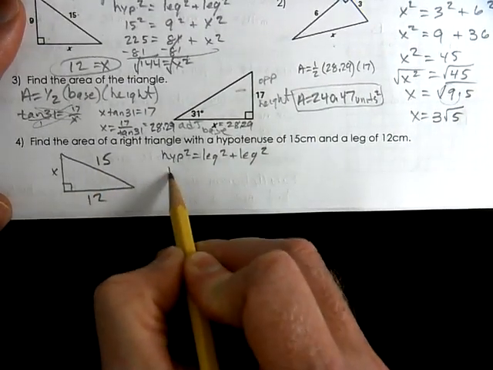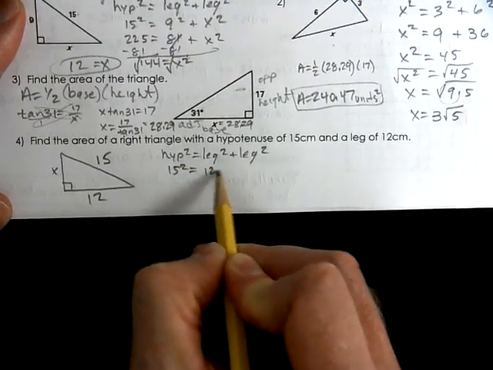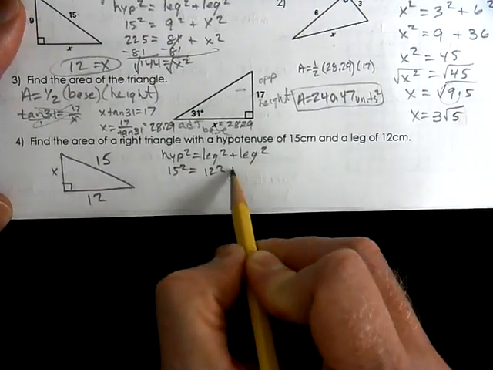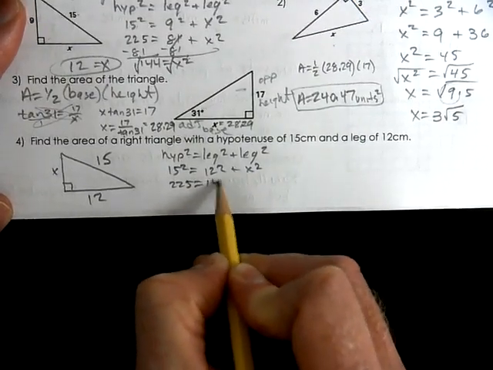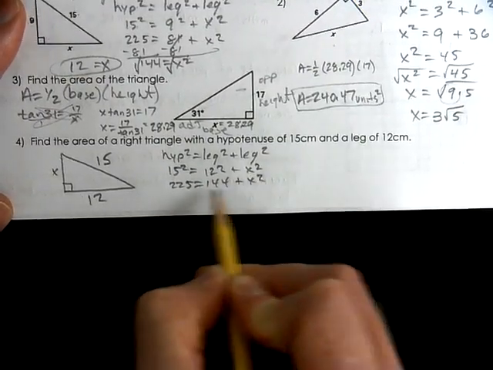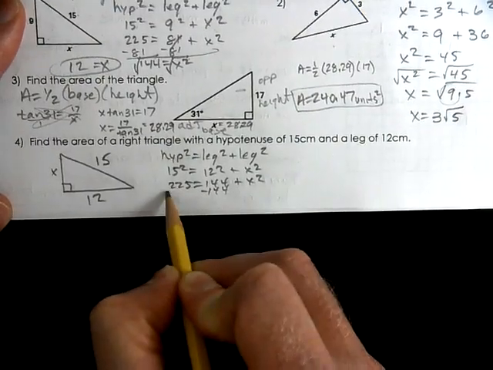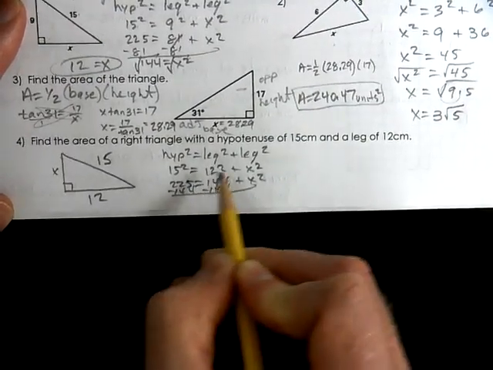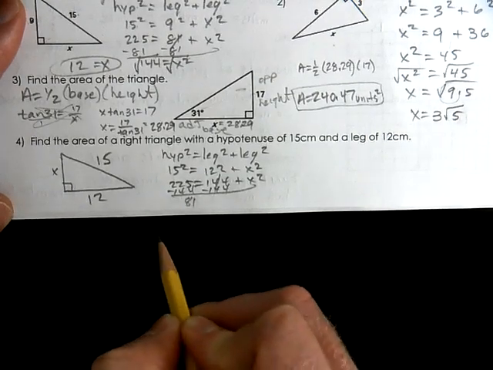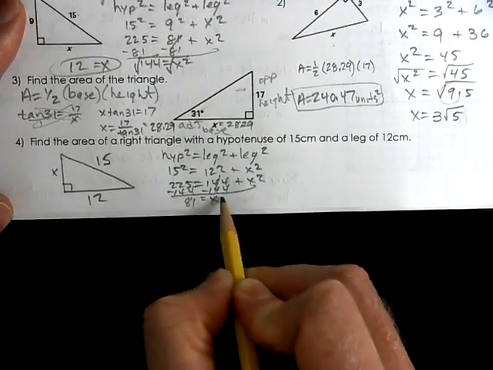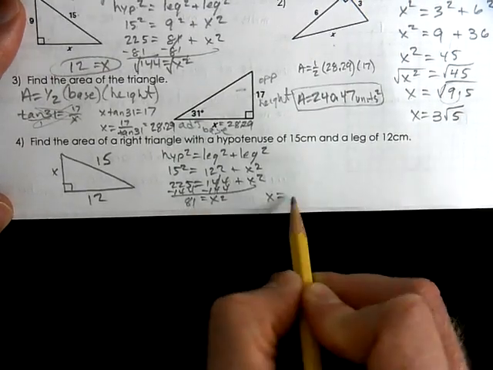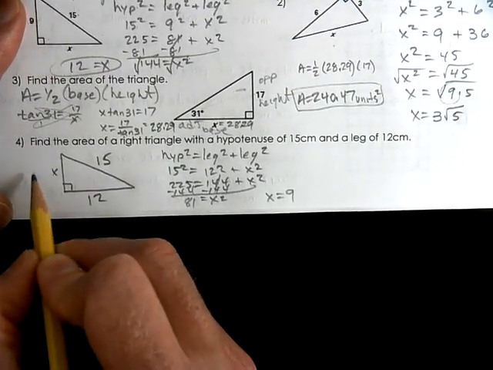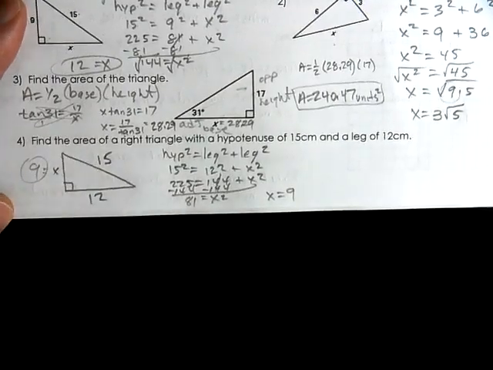So the hypotenuse goes in the hypotenuse slot, the leg goes in the leg slot, and the other leg goes in the other leg spot. 225 equals 144 plus x squared. I feel like we've used these numbers already today. So this leaves us with 81. So x is going to be the square root of 81, which is 9. So this guy is going to be 9.